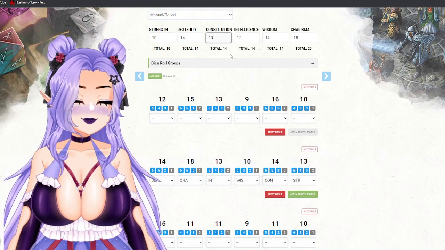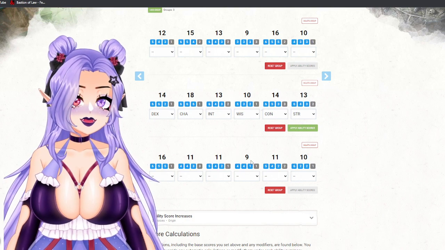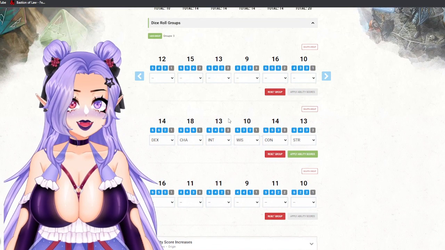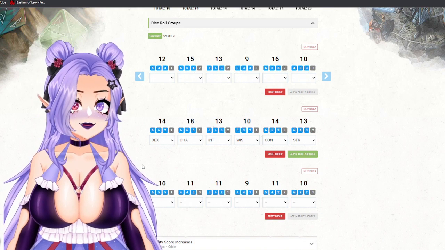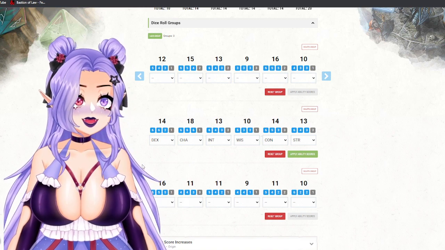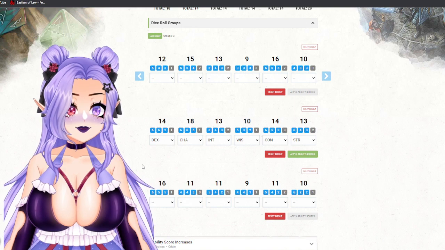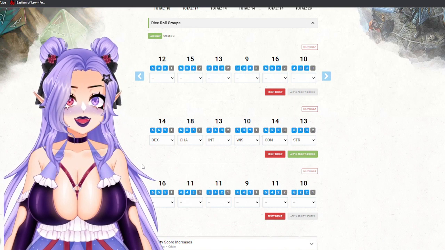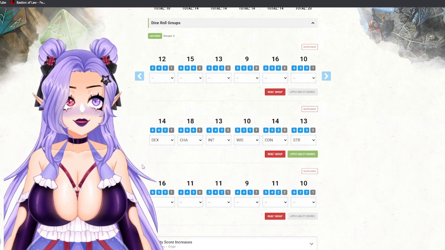Even if, and I will say, if my players rolled all three of these and they were all complete garbage, like I'm talking 9s, 10s, 11s, 8s all through them, then I would let them re-roll all three sets again because that sucks. I'm a dungeon master where I like having powerful PCs at my table, or at least I want my PCs to feel powerful, even if the characters themselves aren't that powerful.